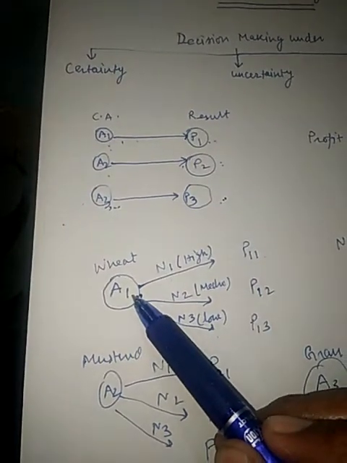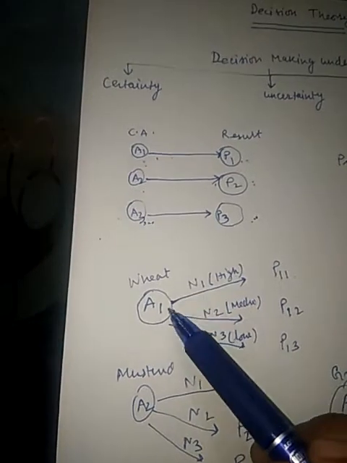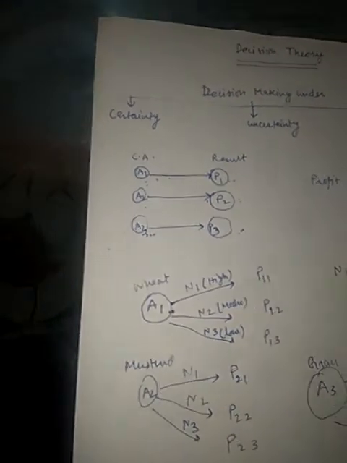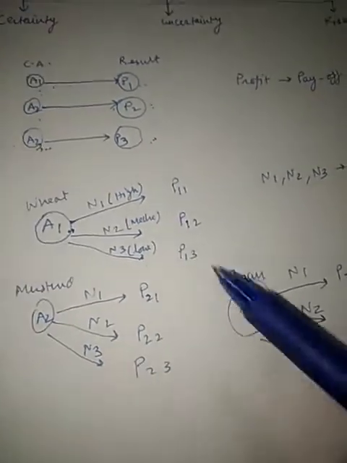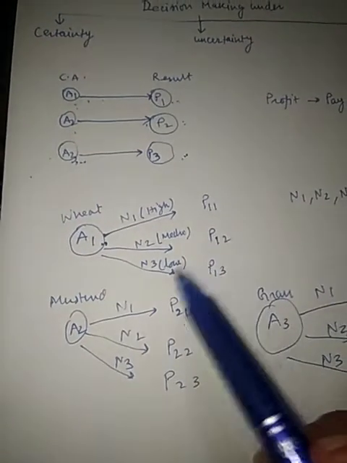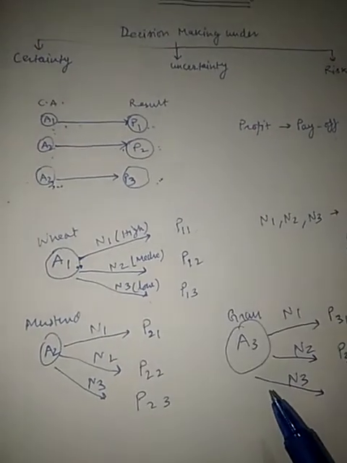For example, for this course of action a1 and state of nature n1, the profit is p11, and similarly for a1 and n2, p12. We took the example of a farmer and crop, where a farmer has to decide which crop is to be selected for sowing so that he can expect maximum profit.